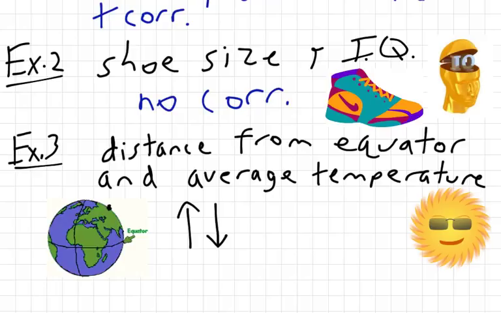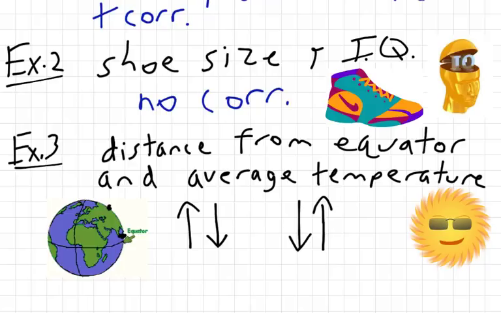And couldn't we say that the closer you get to the equator, so if your distance is small, that would mean a low number, then what would happen to your temperature? If you were closer to the equator, maybe like Hawaii or Jamaica, then you are talking about a much higher temperature.